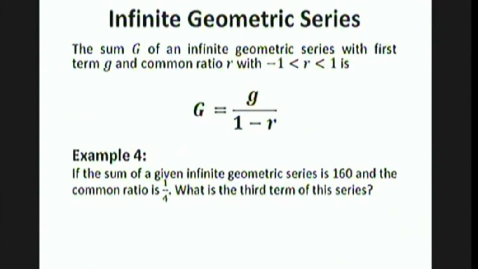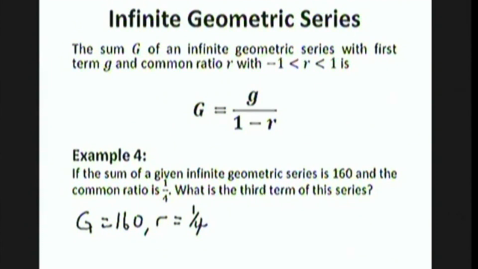Let's look at another example. If the sum of a given infinite geometric series is 160 and the common ratio is 1/4, what is the third term of this series? In this problem, we're given that capital G is 160 and little r is 1/4. We can use this information to find little g first.